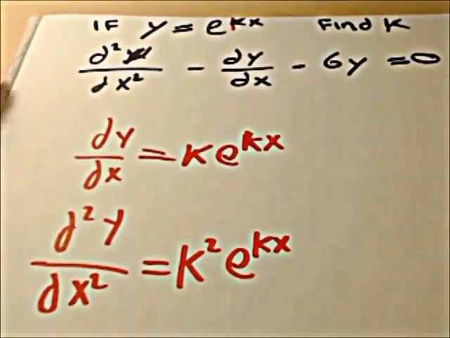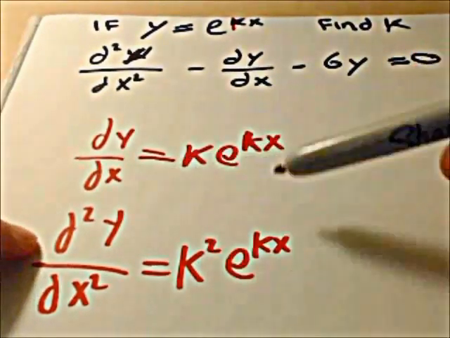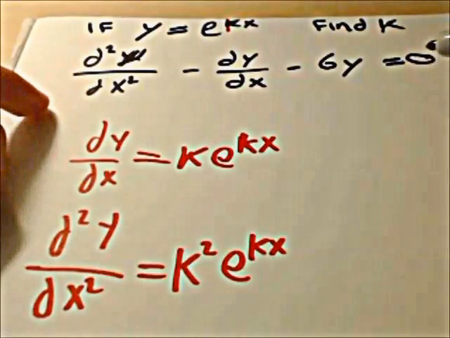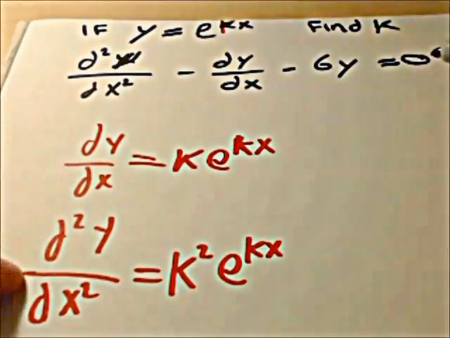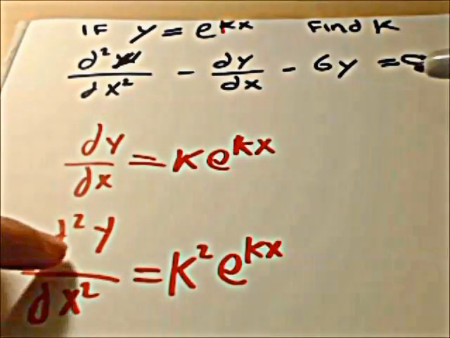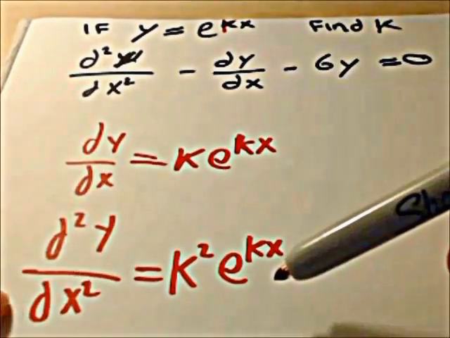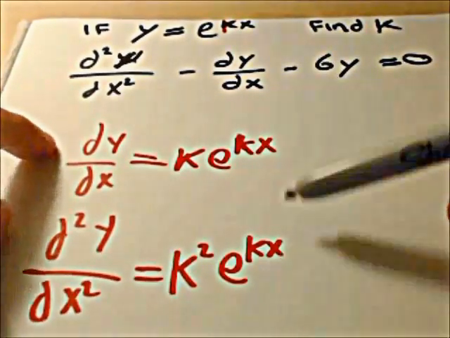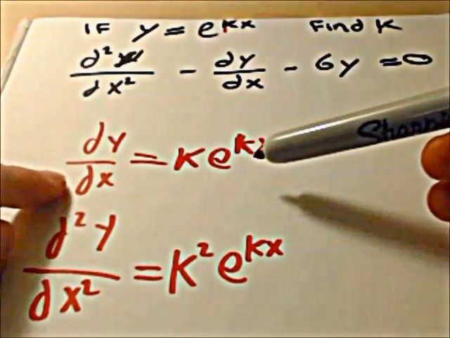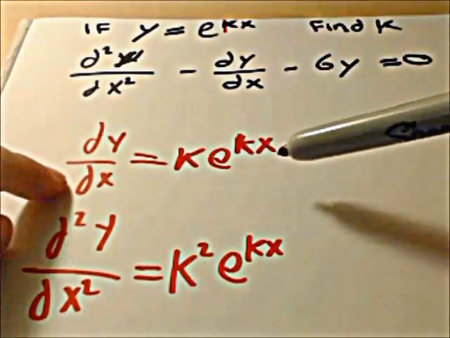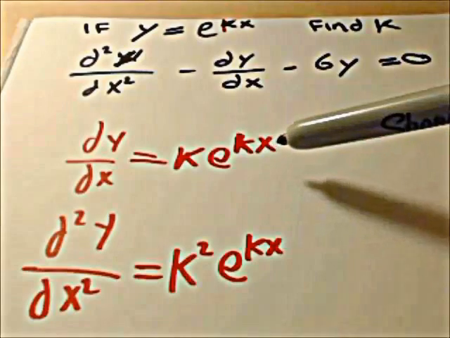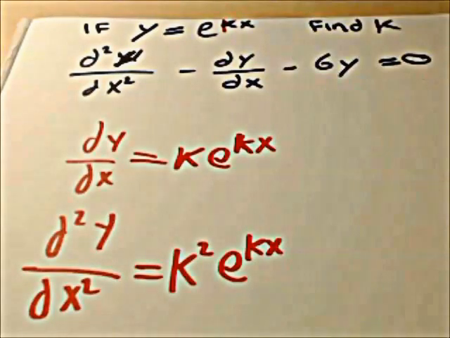Now look, you've got this and that, and if you look at the equation, we can substitute d squared y over dx squared with this, because they look exactly the same. It's just substitution. The same thing for dy dx, we can substitute with k e to the power kx.